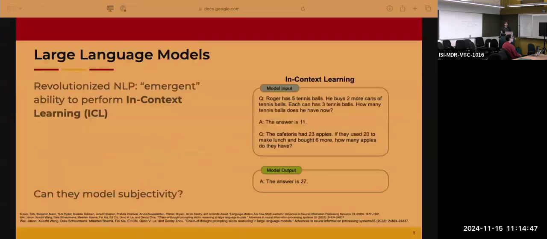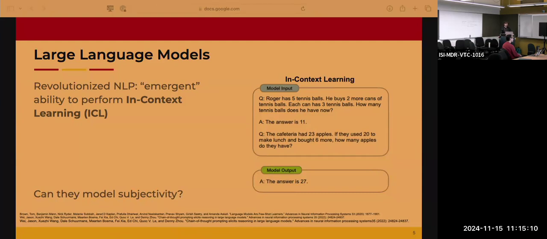So to motivate my work, yes, we have large language models that have revolutionized natural language processing with their emergent ability to perform in-context learning. So I demonstrate a very simple example of what in-context learning is on the right, where we have an input, then we have an answer as a demonstration to the model.